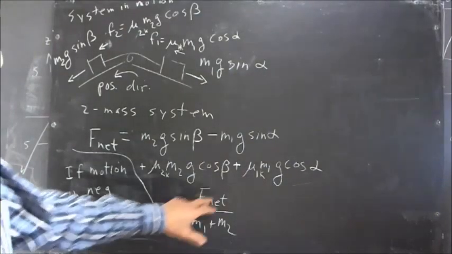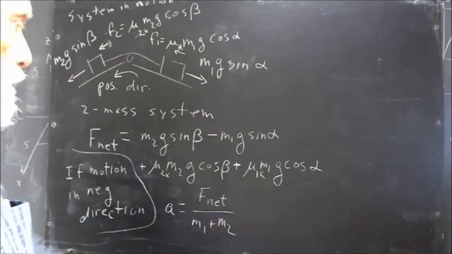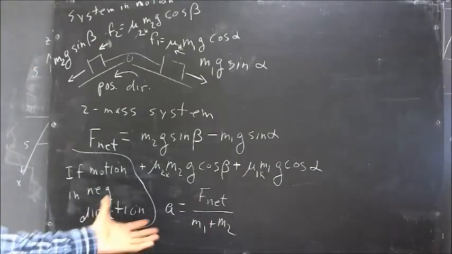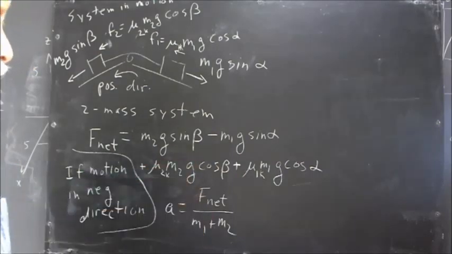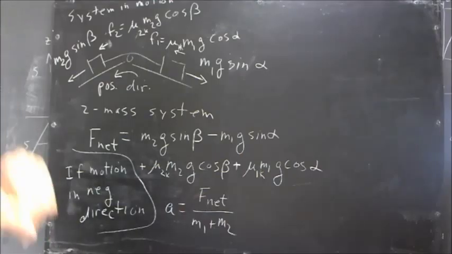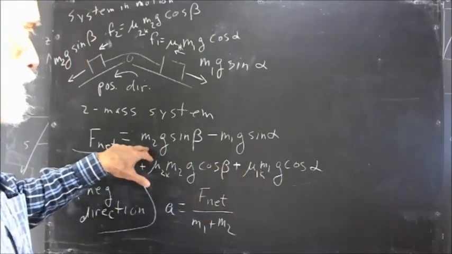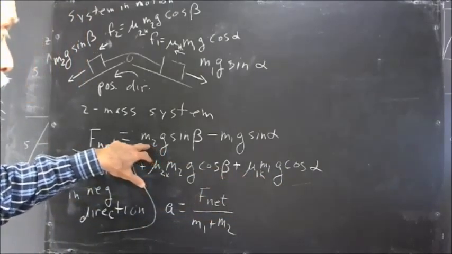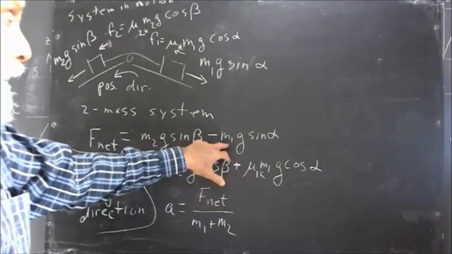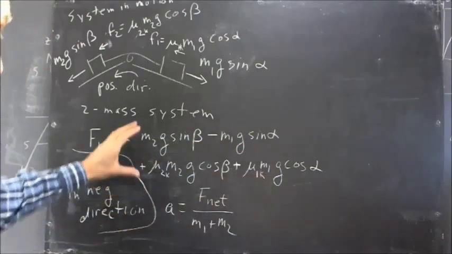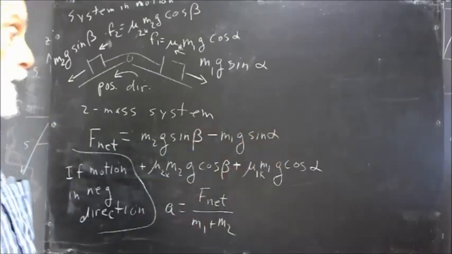The acceleration is then going to be F net over m1 plus m2, and we can easily calculate that. Now you notice that depending on these coefficients of friction and the relative magnitudes of m2 sine beta and m1 sine alpha, this F net could be positive or negative.